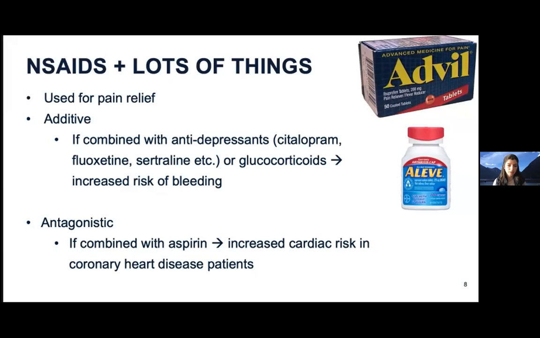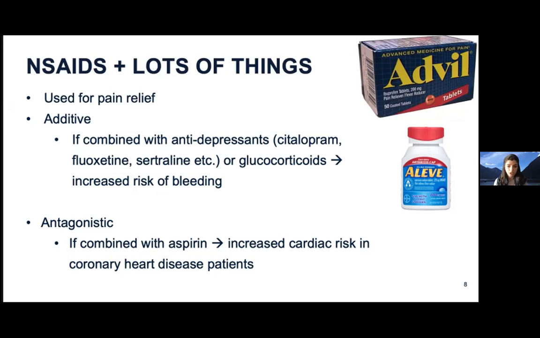But also with other classes of medications such as glucocorticoids, such as prednisone, this can lead to an increased risk of bleeding because SSRIs in particular prevent proper platelet function, meaning that they reduce the ability for platelets to clump together and form a clot. And this is also a characteristic of NSAIDs. So when you add those two effects together, you can unfortunately increase your risk of bleeding.